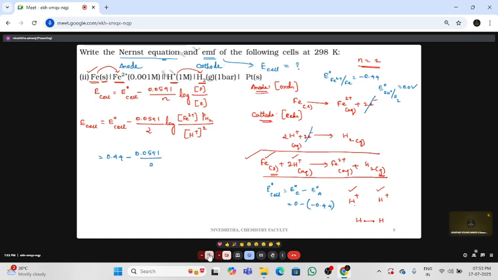So 0.44 minus 0.0591 divided by 2 log of the concentration of Fe2 plus. What is the concentration of Fe2 plus?